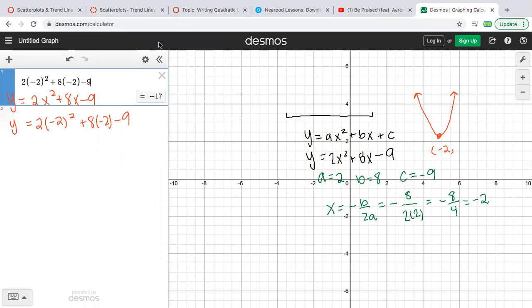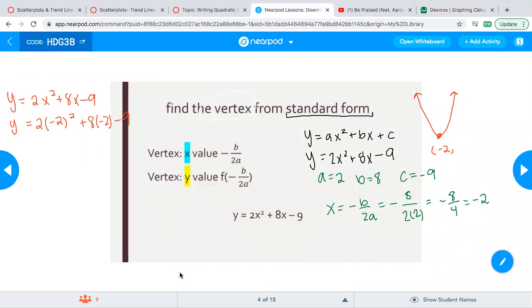Negative 17. So the Y value that corresponds with this is negative 17. So my vertex is at negative 2, negative 17.